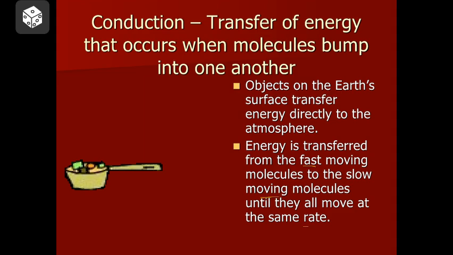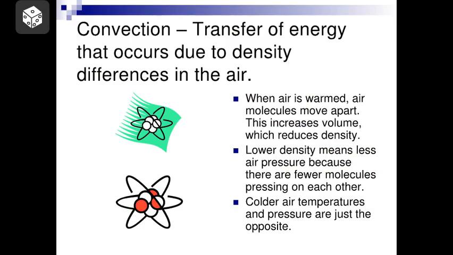And the third method, the third system, is called convection. Convection is the transfer of energy that occurs due to density differences in the atmosphere. So when air is warmed, air molecules move apart. So in other words, as the molecules start zipping around quicker, they spread out, they take more volume.